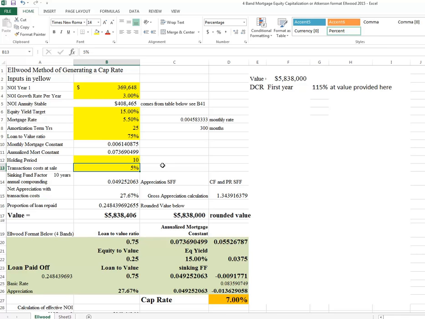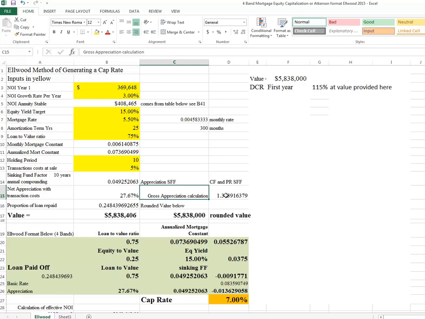And I take that same appreciation rate, 3%, and I use it to estimate my gross appreciation calculation as follows. If the property NOI grows at 3%, then the value of the property, without changing the ratio of yield to price, would be 1.3439 times the initial property value, simply growing it at 3%.